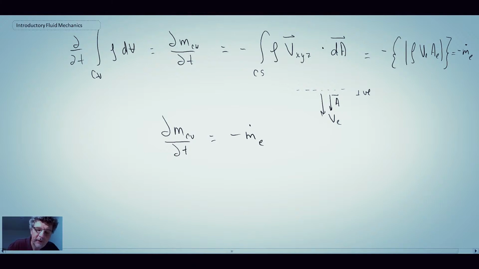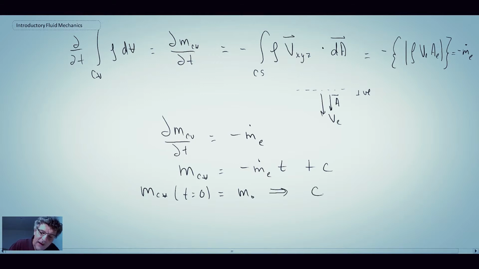The control volume mass is only changing with respect to time, so that would be an ordinary differential equation, and what we then get is m_cv is minus the mass flow rate leaving times time plus some constant of integration. We apply a boundary condition: we were told that the mass of the control volume at time 0 was equal to m0, and I think we were given 400 kilograms.